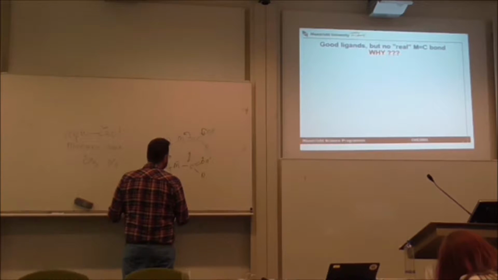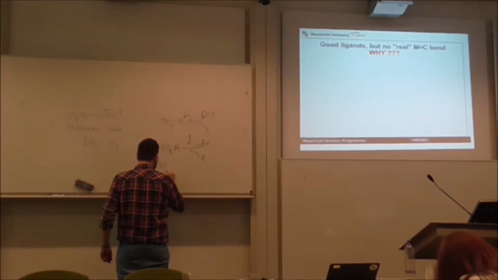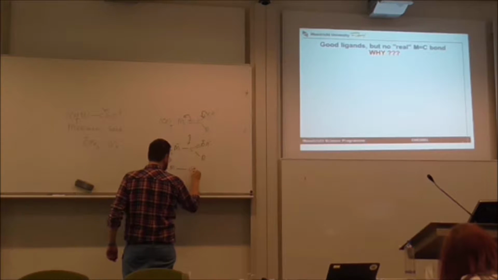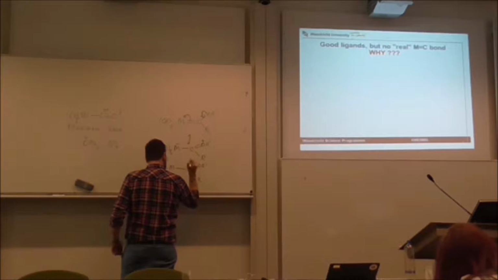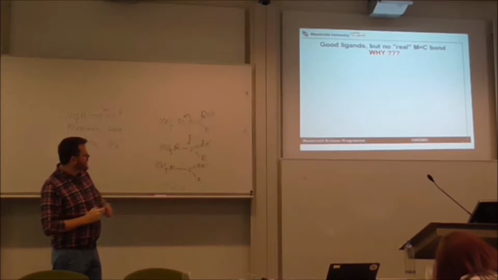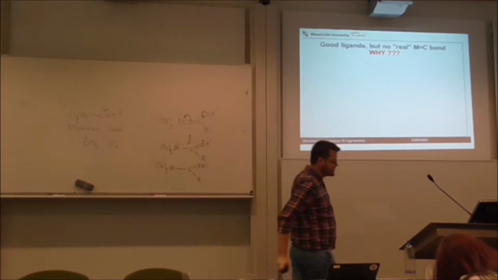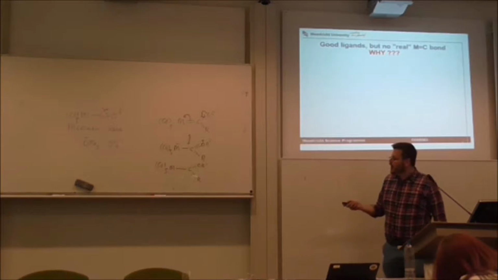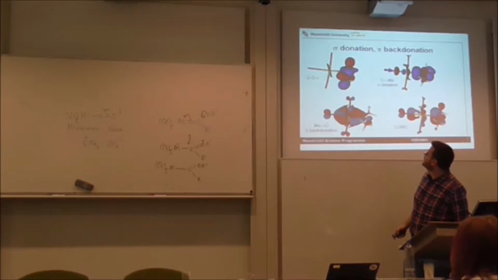Now, we can represent these two resonance forms by the overall resonance hybrid. One can represent it like that. So if you think about it in terms of simple resonance structures, Grenzstrukturen, you will notice that the bond is not localized between the metal and the carbon.